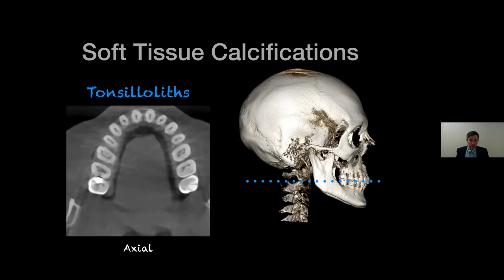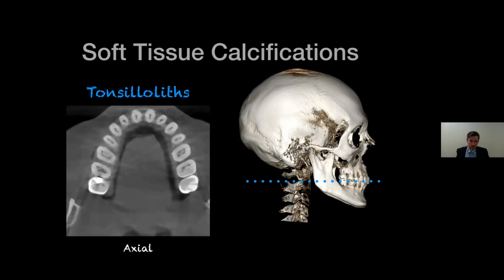So these are tonsilloliths, and these are the most common calcifications that I see in cone beam scans. The main issue here might be halitosis. Patients are usually asymptomatic except for maybe bad breath.